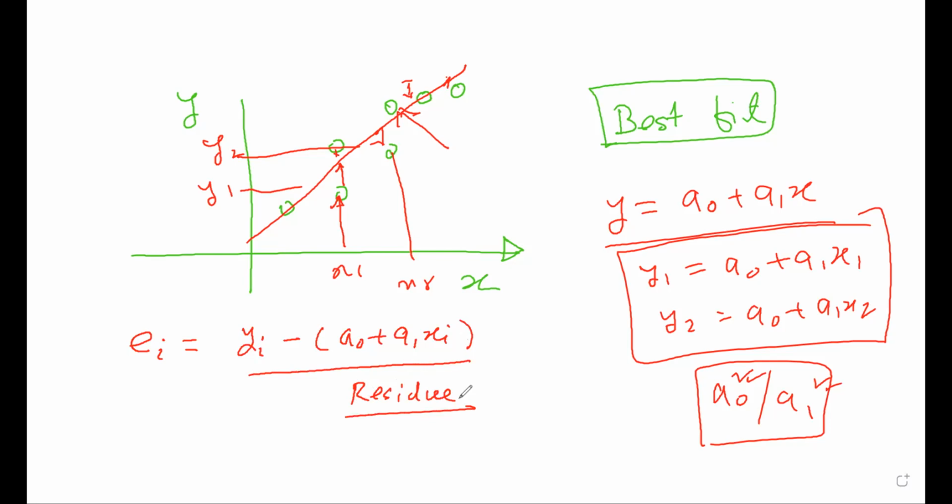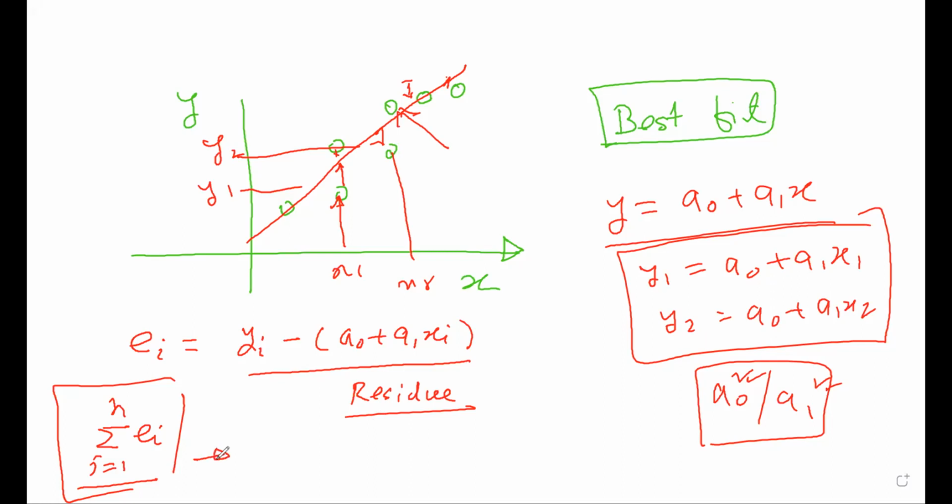That residue or error is different at different points. In some cases it can be positive, in other cases negative. So if someone tries to set an error criterion, the sum of Ei, for i equal to 1 to n, and makes this sum minimum to find the values of A0 and A1.